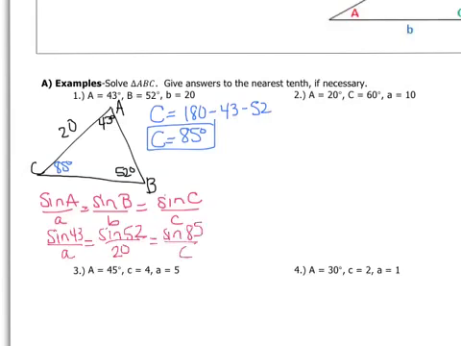So we should have sine of 43 degrees over A equals sine of 52 degrees over 20 equals sine of 85 degrees over C.